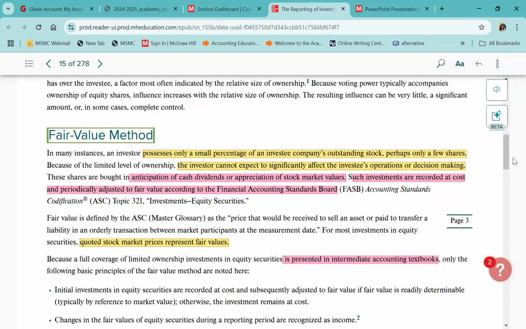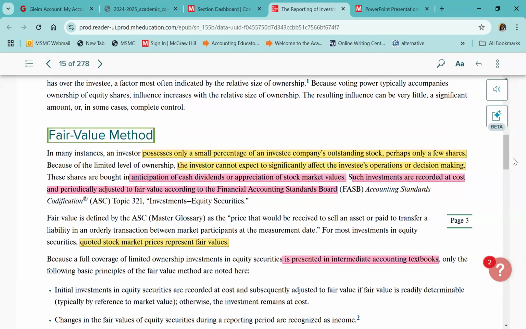The investor cannot expect to significantly affect the investee's operations or decision-making. This is like many of us, small investors, like I may own 100 shares in Microsoft. I will account for that using the fair value method. I can't decide on electing board members.